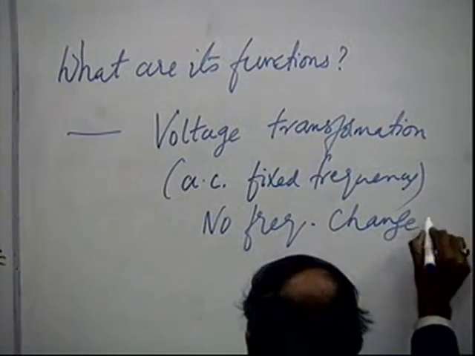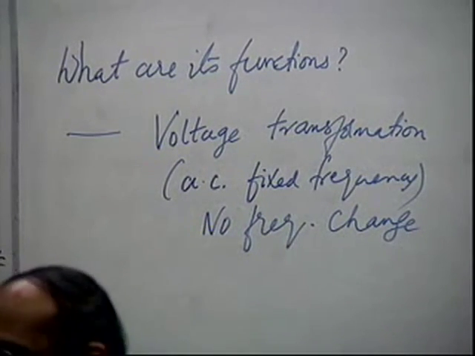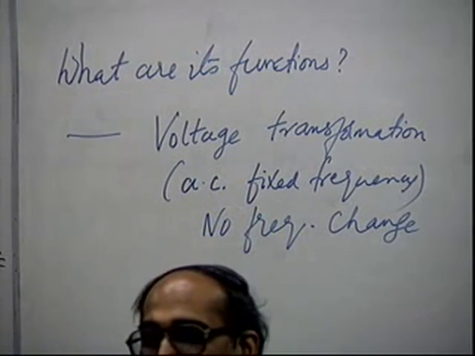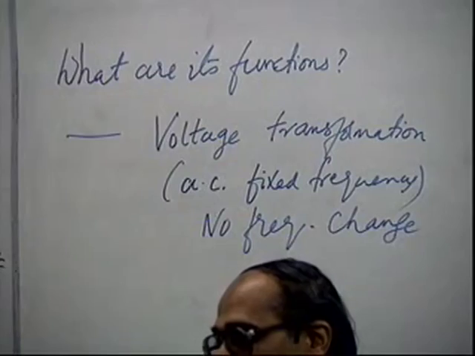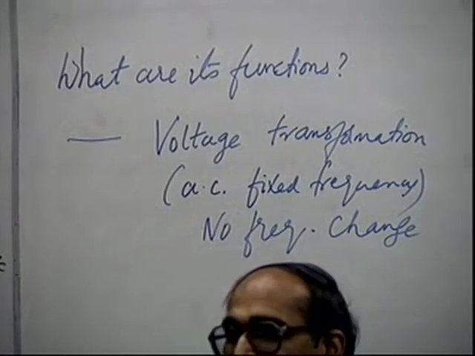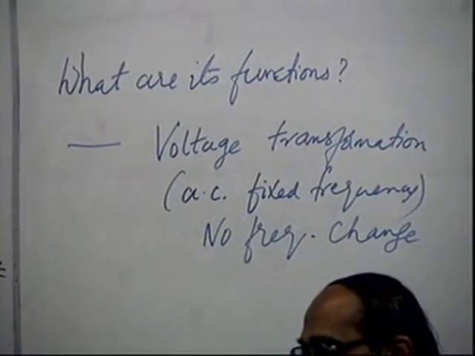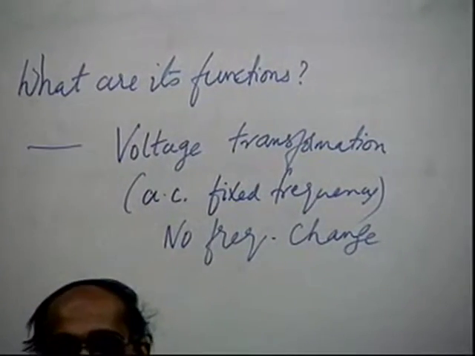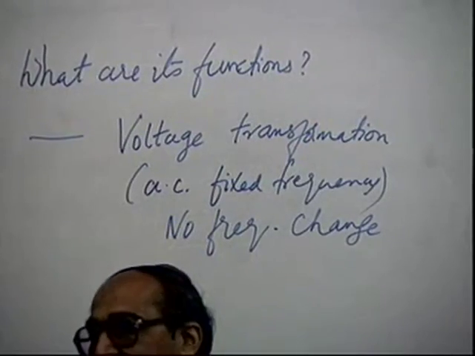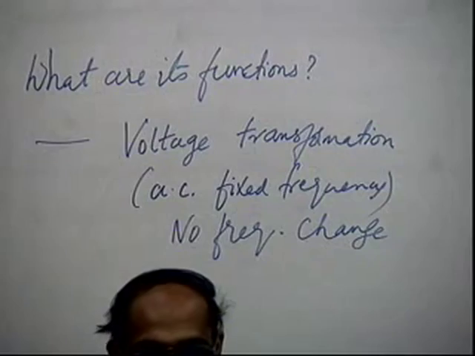So it can't transform DC voltages? It cannot transform DC voltages, that's correct. Okay? It works by the principle of induction, change of flux, and change of flux is not present in a stationary flux or a constant flux. For the principle of a transformer, you require a time varying flux. That is why it can only operate on AC.